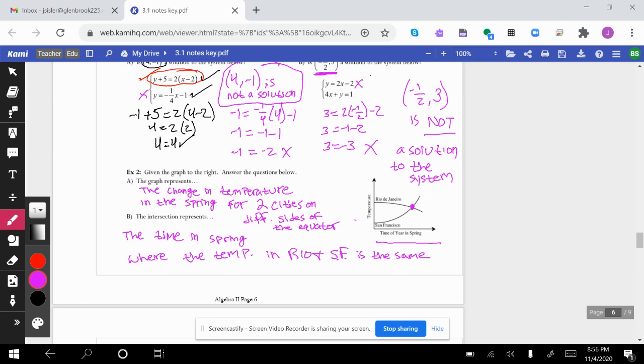So that purple dot right here where these two lines intersect is the time in the spring where the temperatures in those two cities are the same.